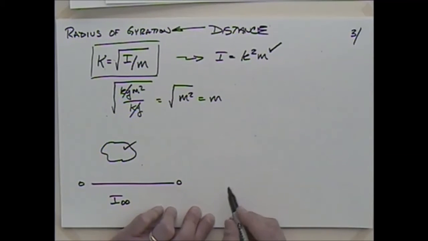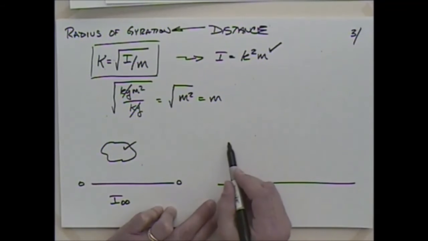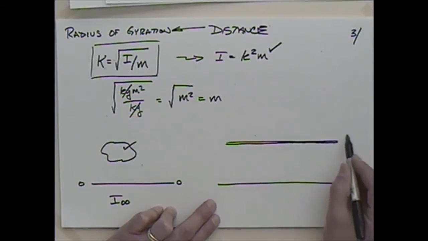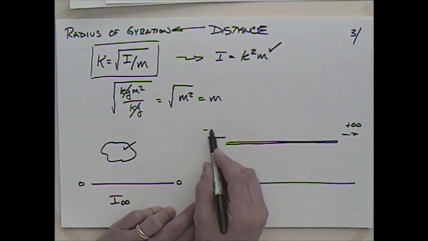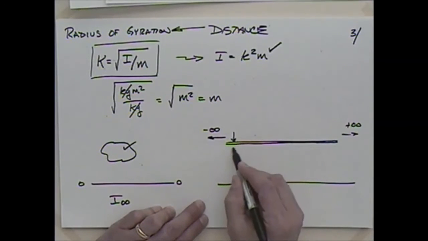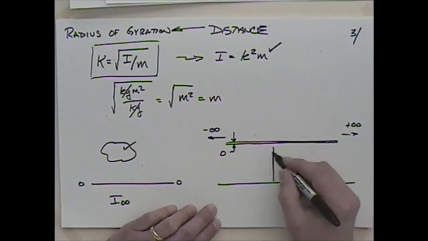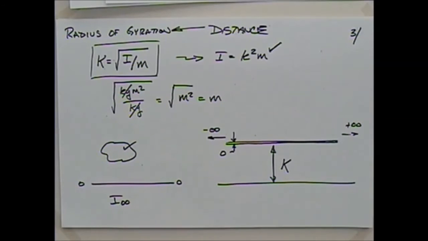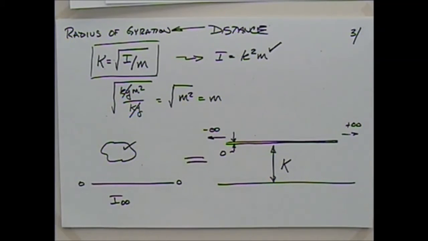Well, what the radius of gyration says is if I have this axis here, where can I concentrate all of the mass in this infinitesimally thin unit of mass? So this goes on to positive infinity and negative infinity, and its thickness is 0, and this distance here is k. Okay? So what the radius of gyration does is it sets these two systems equal to each other.